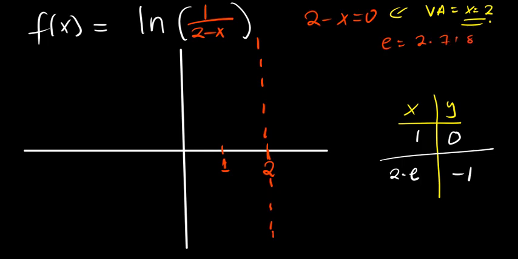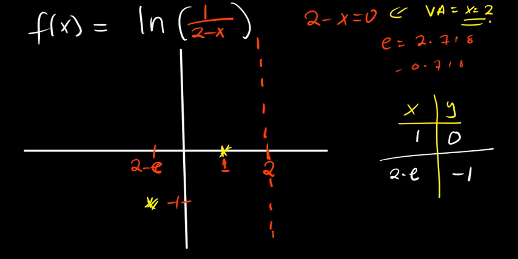So 2 - e becomes negative 0.718 something, so that number is approximately here. So here I'll put 2 - e. In y I have -1 and 0. Now we can look at our graph. (1, 0) is here. Then (2 - e, -1) is there.